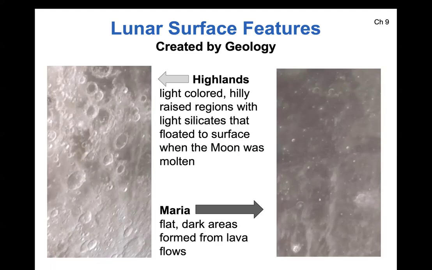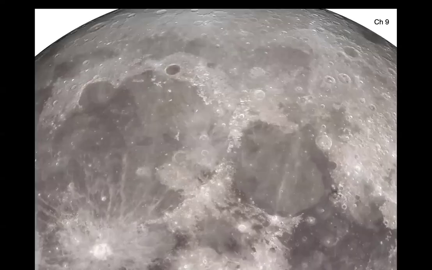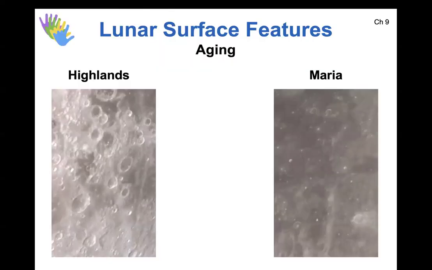Sometimes it's filling in a big crater, but other times filling in multiple craters and creating a large flat area. So when you compare the two, you see the highlands are heavily cratered and the Maria are not.